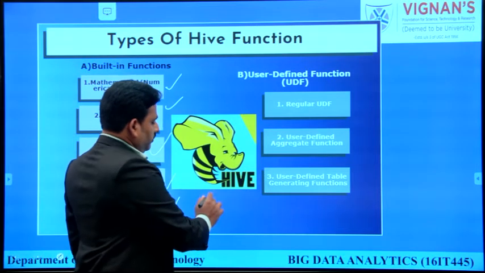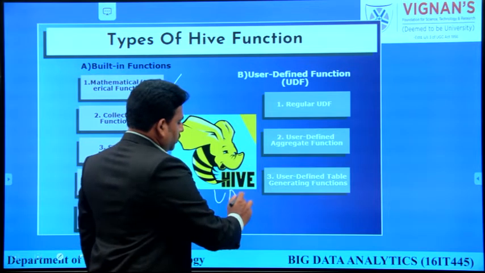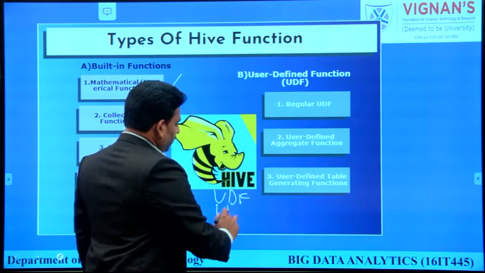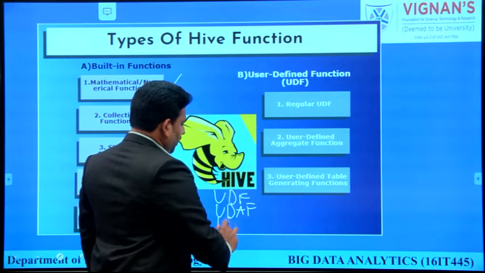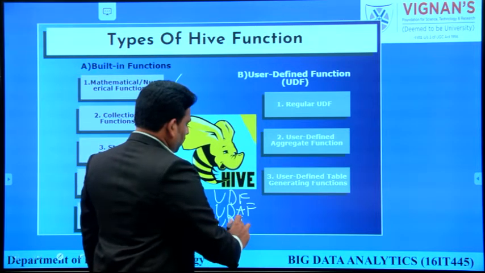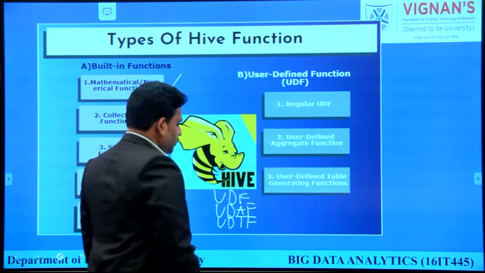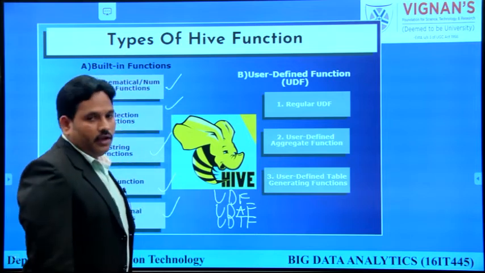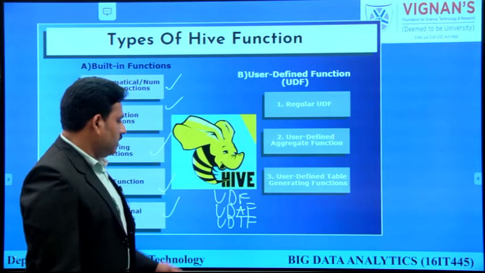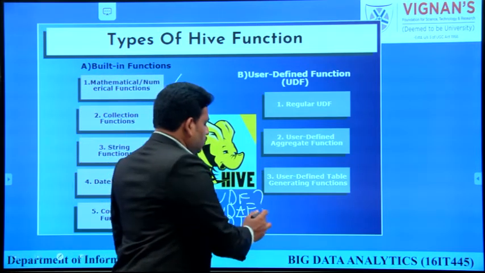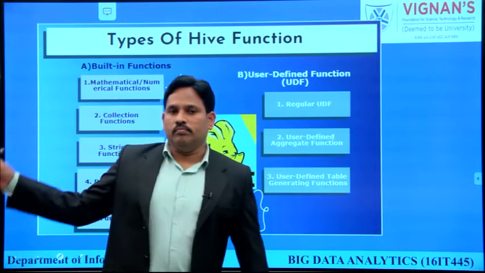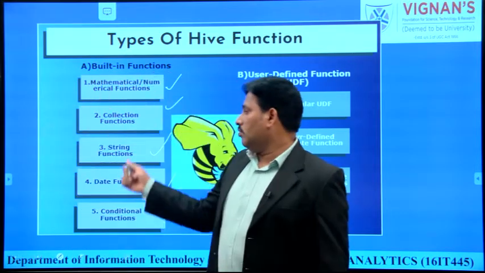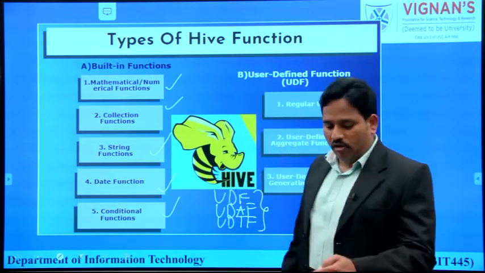These are the three different types of user defined functions we can apply on Hive, and there are some inbuilt functions. There are 5 categories of functions. We will see one by one.